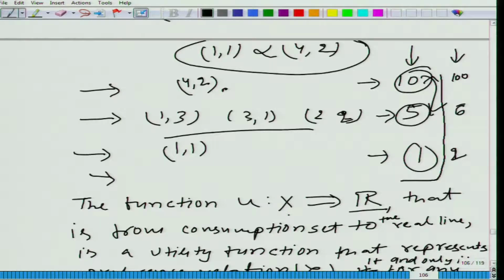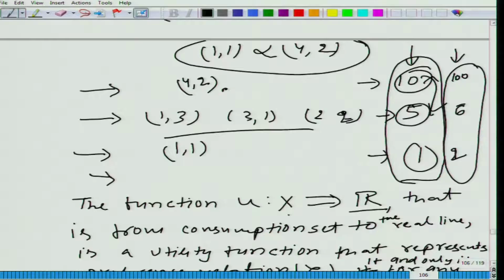These numbers are coming from a different utility function and these numbers of course are coming from a different utility function. But let's compare these two. In both you get the same order. The complete order that you get is the same as the previous one.